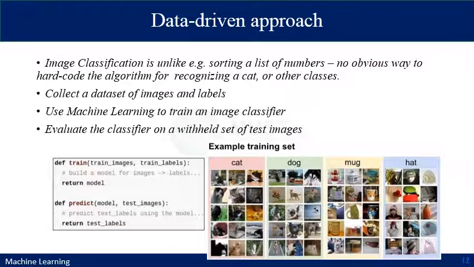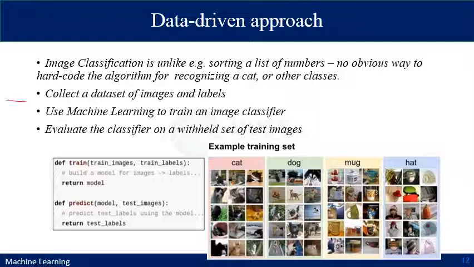So this is the actual data-driven approach. Image classification is unlike some simple or repetitive task such as sorting a list of numbers, and there is no obvious way to hard code the algorithm for recognizing a cat or other classes.